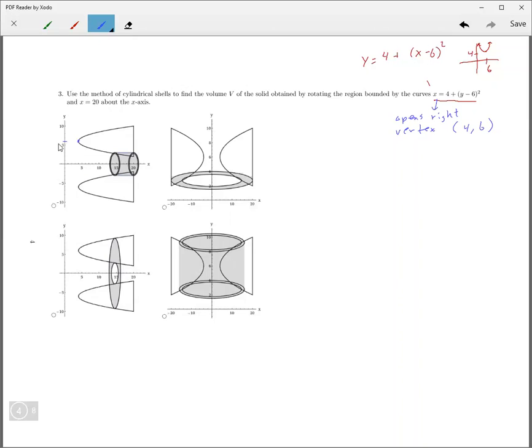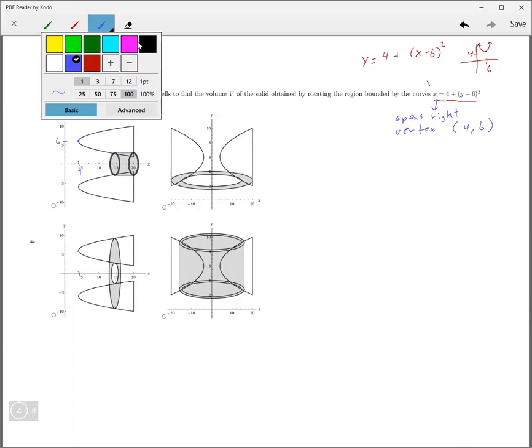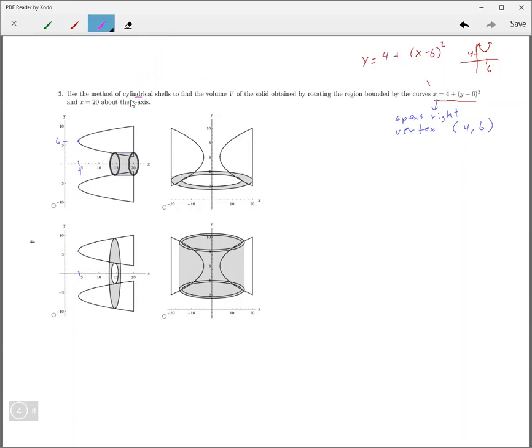So it looks like this is the correct vertex. This does look like it's at 4, 6. This also looks good right here. Wait a second. This is revolving about the y-axis. We want to revolve about the x-axis.